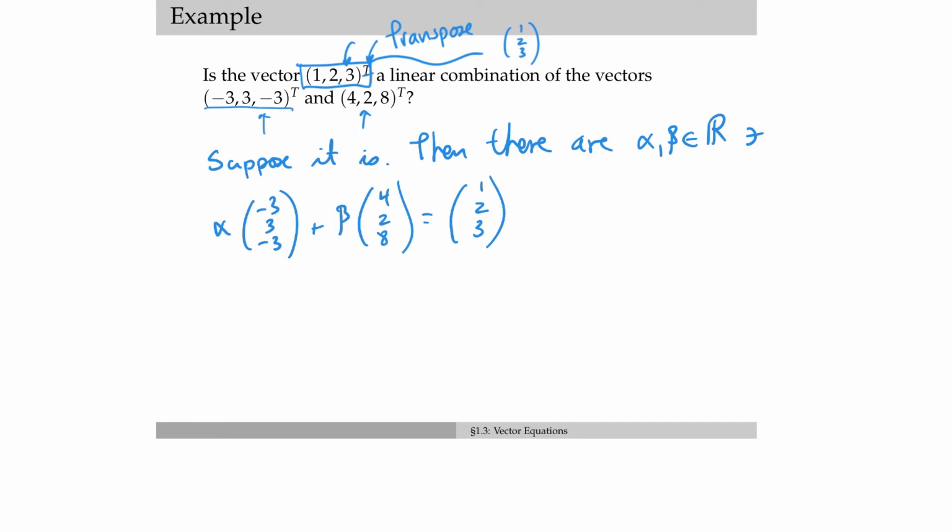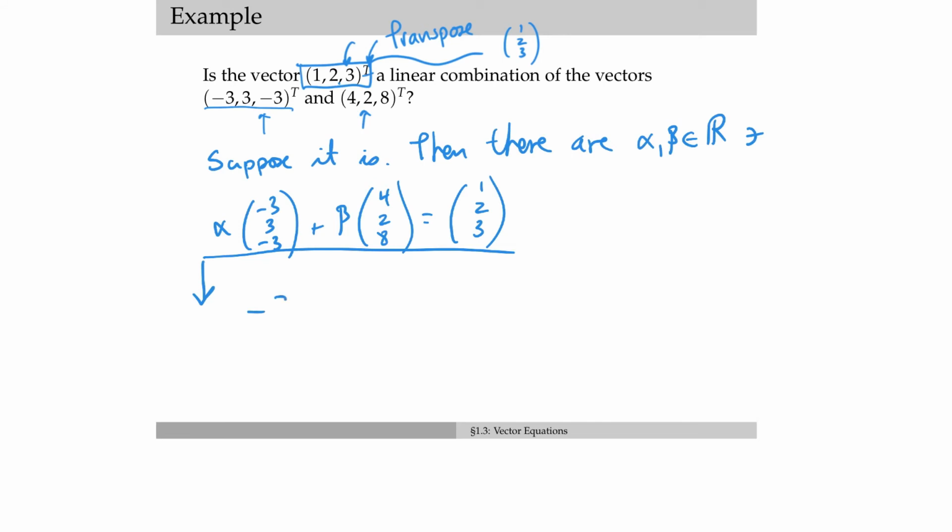Okay, well, this is a vector equation if you stop and think about it. Every vector equation is actually equivalent to what? A system. So I can write this as a system. But we learned in, I don't remember what section it was, that a system is also equivalent to an augmented matrix. So what I'm going to do is convert this to an augmented matrix.